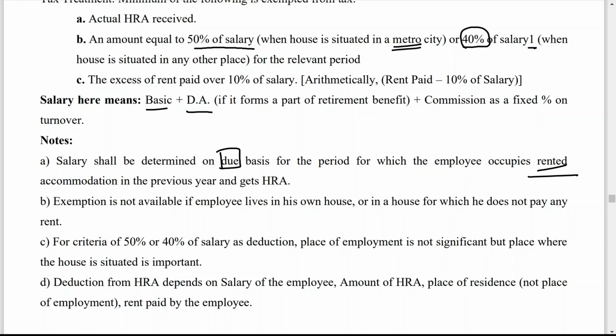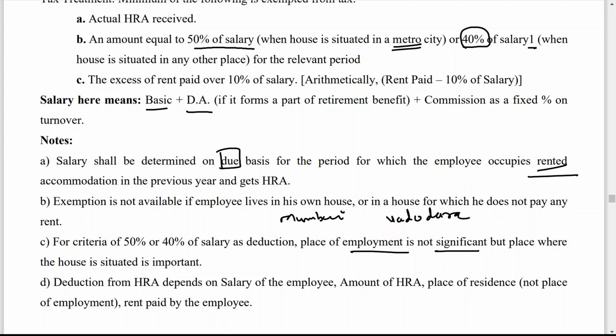Now for criteria of 50% or 40% of salary deduction, place of employment is not significant. Where you are doing job, it is not important, but place where the house is situated is important. Like Mumbai is metro city, and let us say Vadodara is not a metro city.